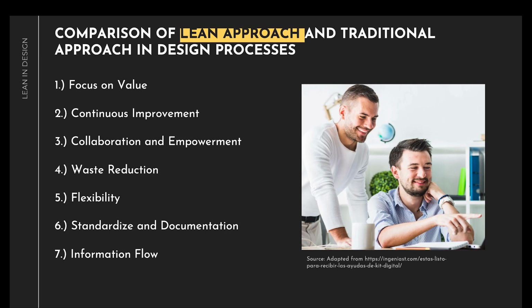The last one is information flow. Lean design optimizes the flow of information among project stakeholders, ensuring timely and accurate communication, while the traditional approach may have bottlenecks and delays in information flow, leading to misunderstandings and inefficiency.